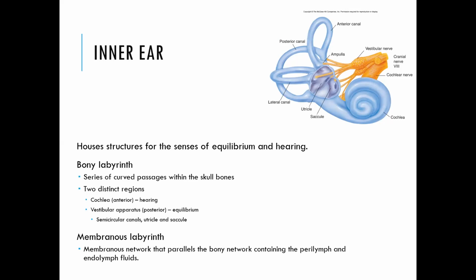And that's responsible for equilibrium. Within there, you have several semicircular canals which assist in how we maintain balance. So we'll talk about that in a bit. Then you have your membranous labyrinth, which is a membranous network that parallels your bony network, and it contains fluids like your perilymph and endolymph, all of which play a role in how we hear and how we maintain our balance. We're not going to go into detailed information on how those work.